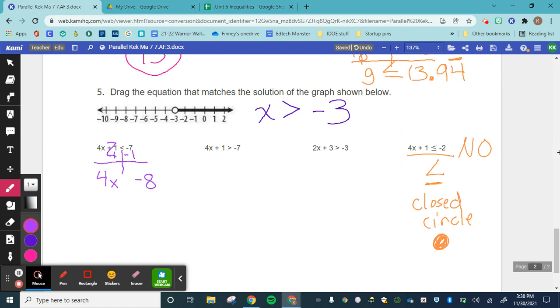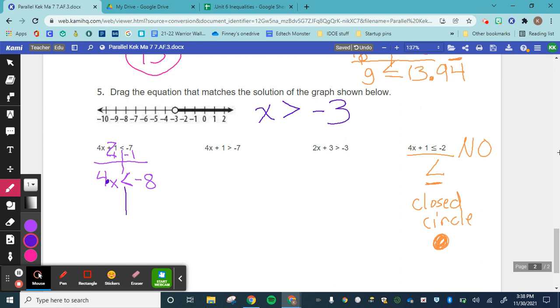And in the adding or subtracting step, I never switch my inequality sign. So my next step is 4x is less than -8. X is not alone yet, so I continue.